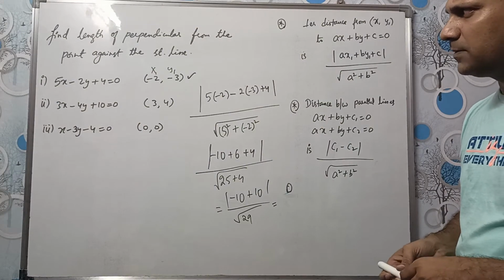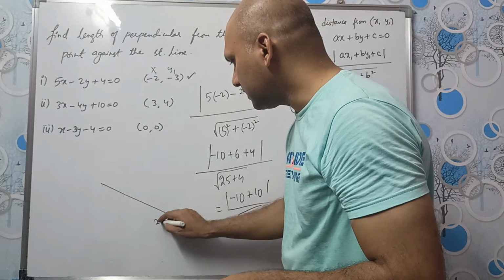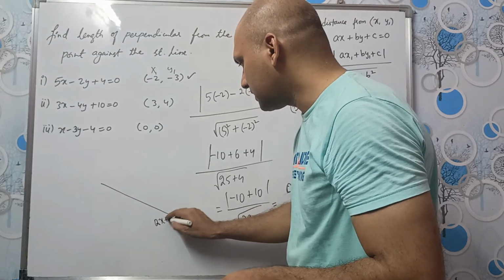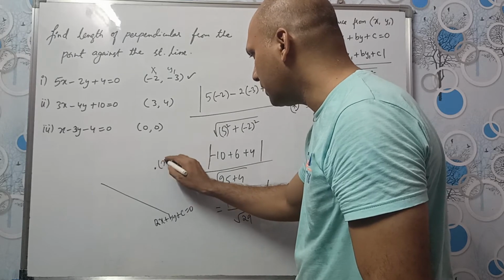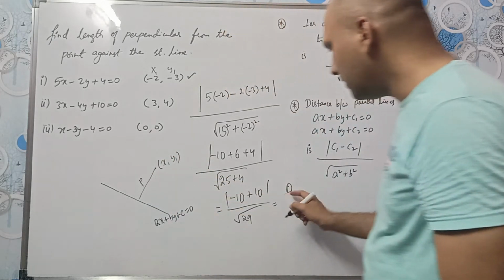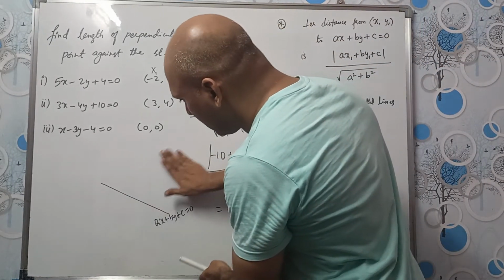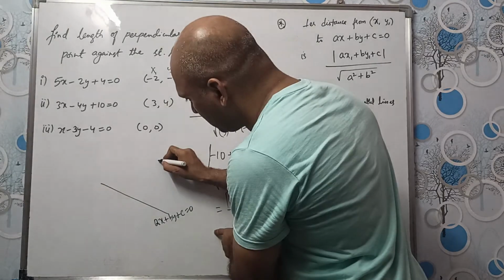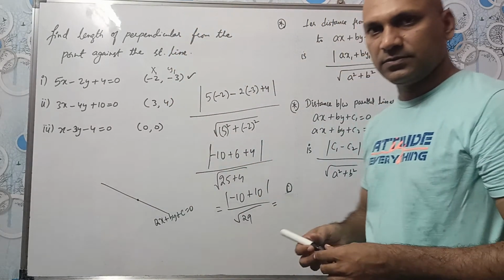How is it possible? See, if we had a straight line ax plus by plus c equal to 0, and if we had a point here x1 y1, this distance is p. But now we got that distance as 0, which means the point is lying on the straight line. The point is not here, the point is here on the straight line.